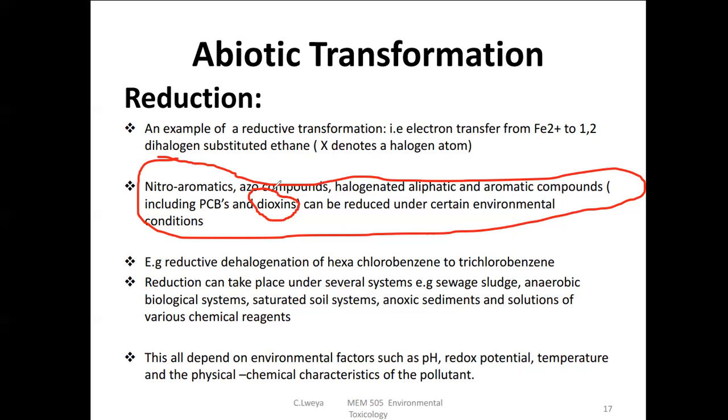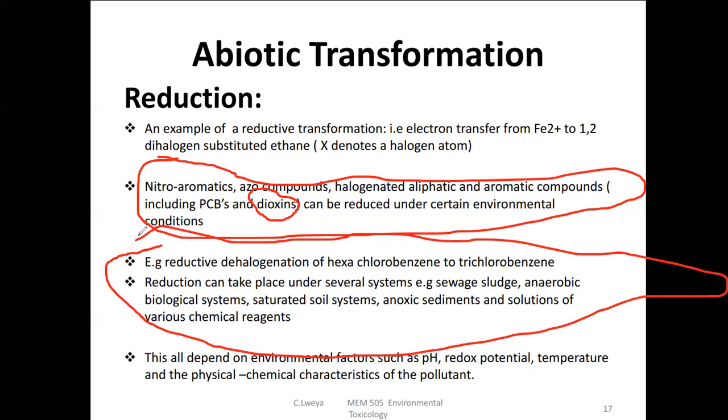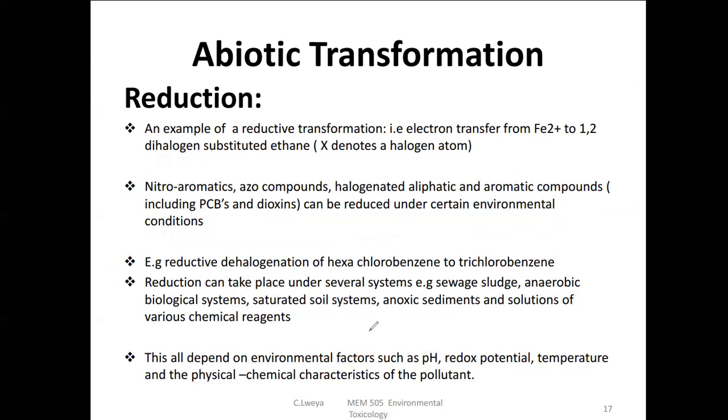So we have to look at the simpler examples that do undergo reduction. Same applies to this. Dehalogenated, the hexachlorobenzene. These are some of the things that I need to look at, so that I come up with examples that will be very easy to remember.